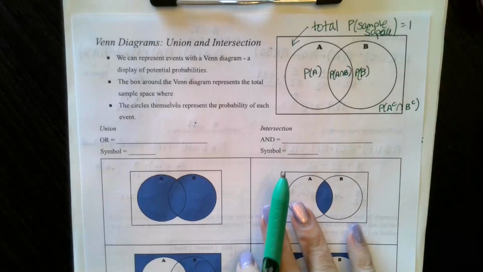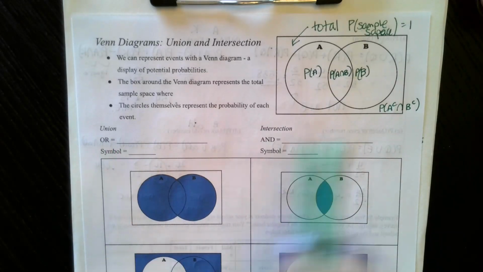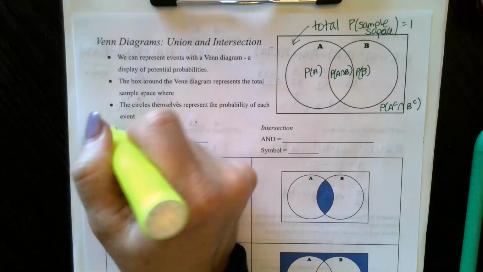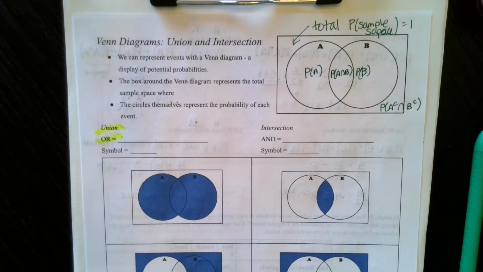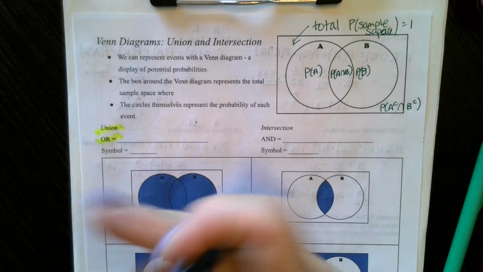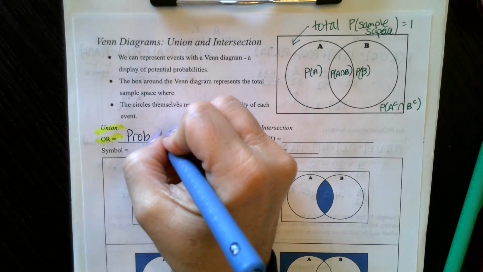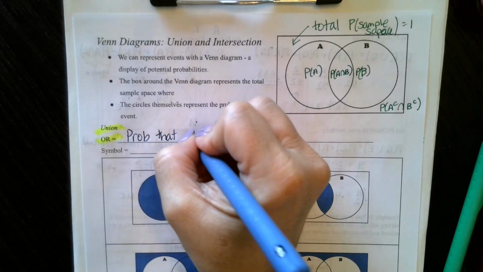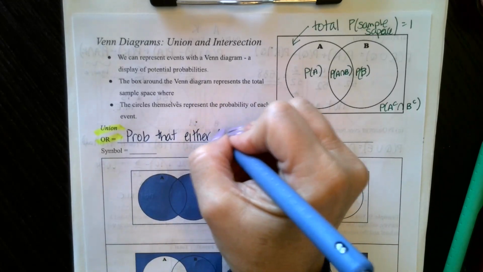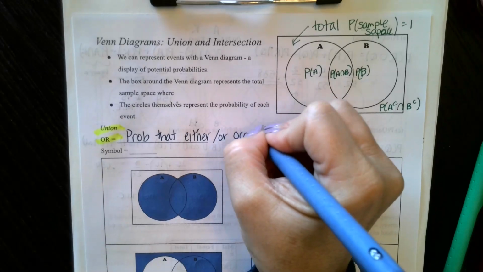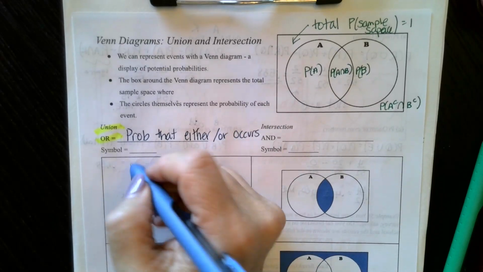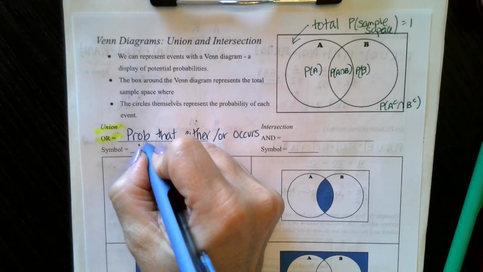So when we have a union, that is going to be our OR. And it's going to be the probability that either one or the other occurs. And again, when we use or, we're going to use this U symbol.